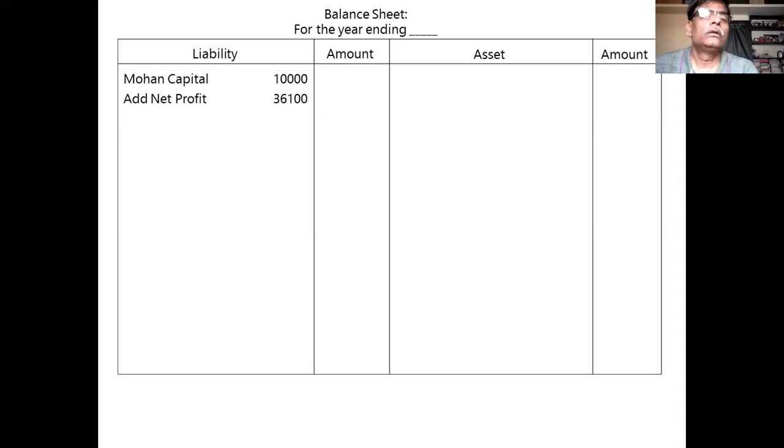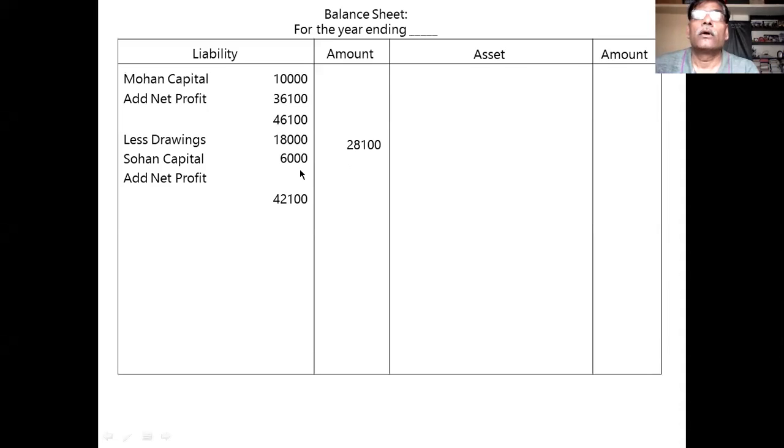Liability, capital brought forward, add net profit, less drawing; 28,100 is the closing capital. Then you take the other capital 6,000, add net profit 36,100, which gives 42,100, less drawing, and the balance is 24,100.